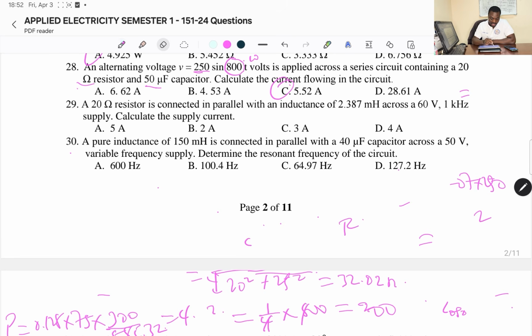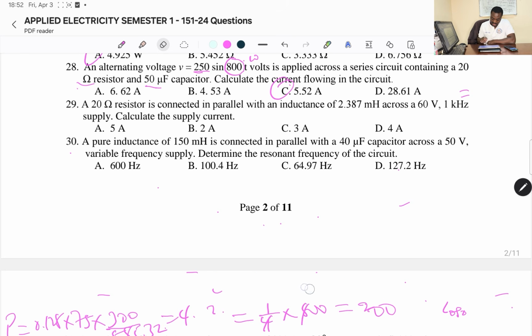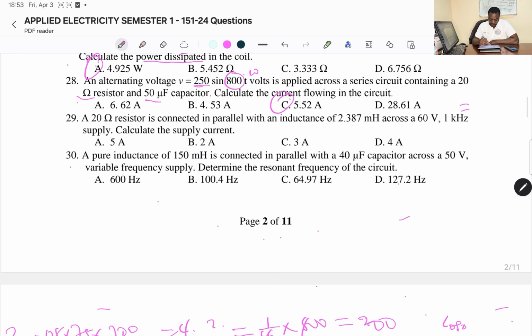When you talk about series connection of elements to an alternating voltage, we have a voltage triangle. Since the elements have now been connected in parallel, we have what you call a current triangle.